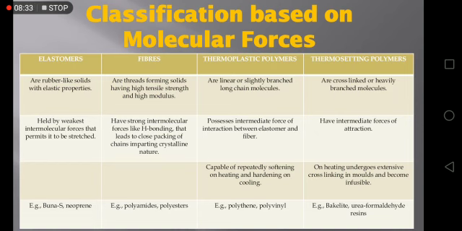The next classification is based on molecular forces. The categories are elastomers, which have elastic properties, so they are rubber-like solids, and they are stretchable because they are held by weak intermolecular forces.